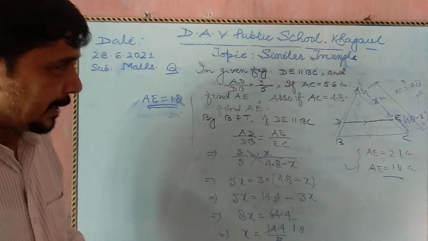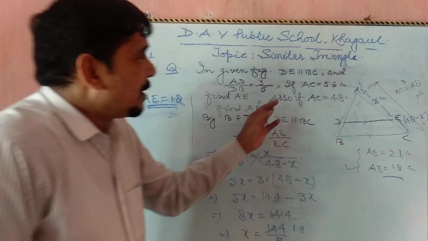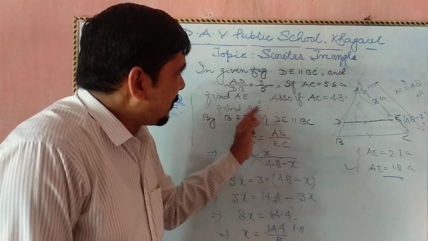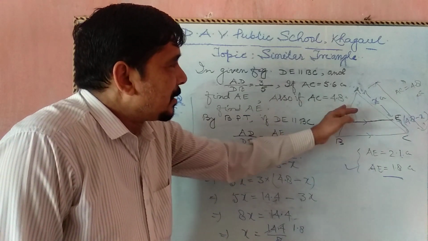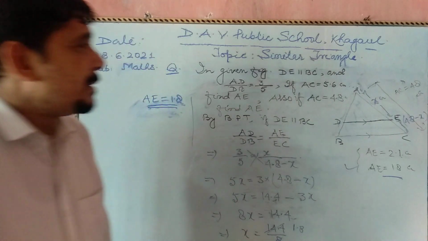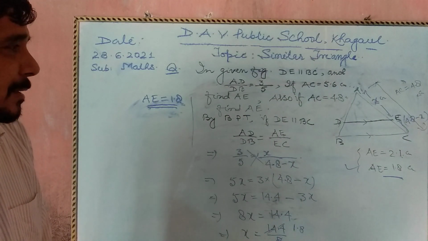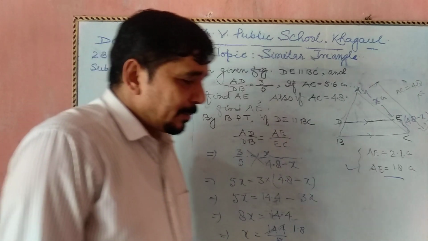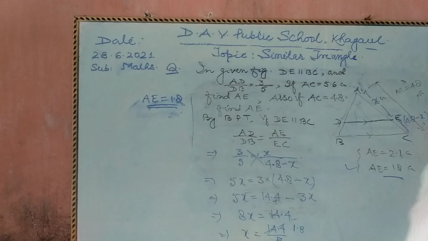And in the same question, find the value of AE if AC is given as 5.6 centimeter. So try to do the questions according to the figures and the values of the corresponding sides. We will get the result.